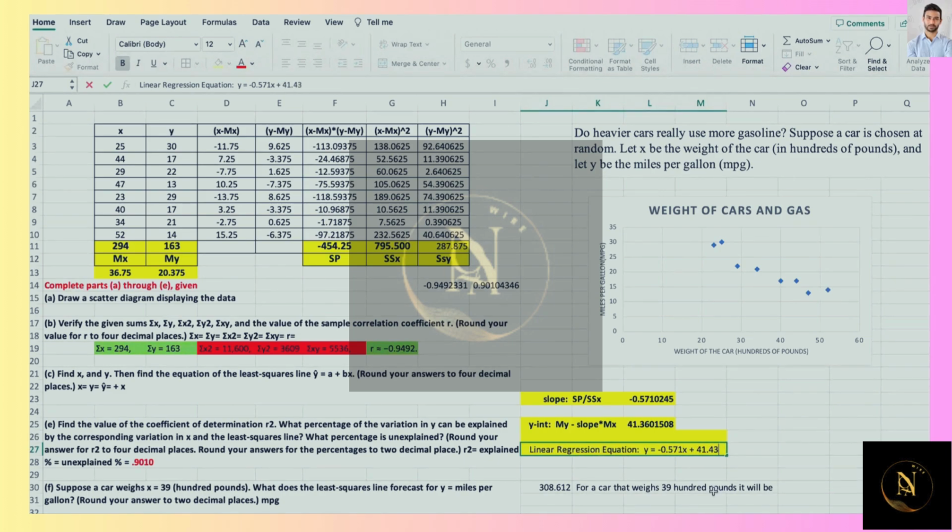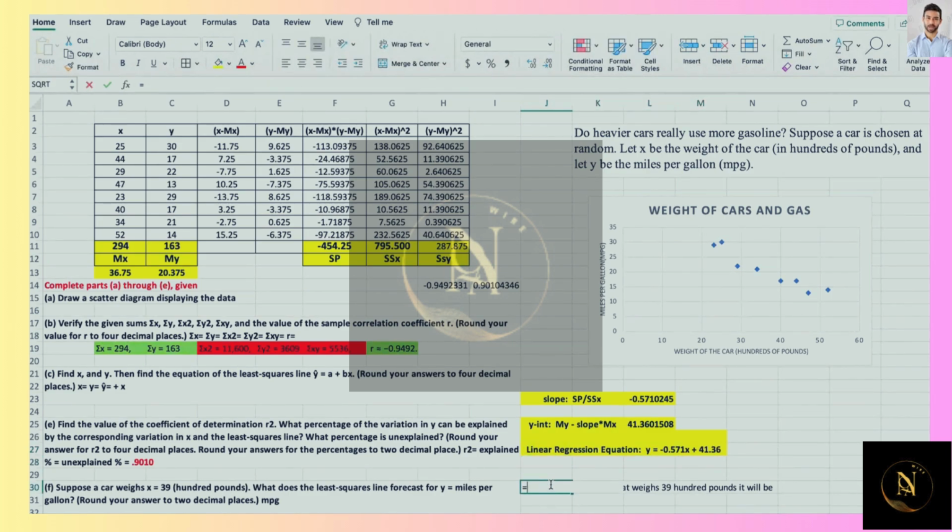It should say 41.36. So y equals negative 0.571 times 39, and I should put that in parentheses, plus 41.36. There we go.